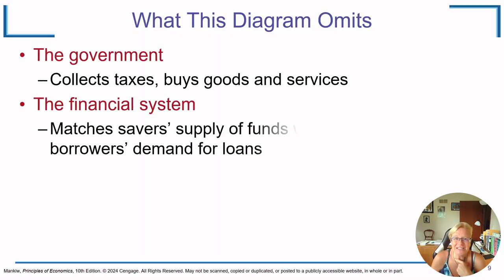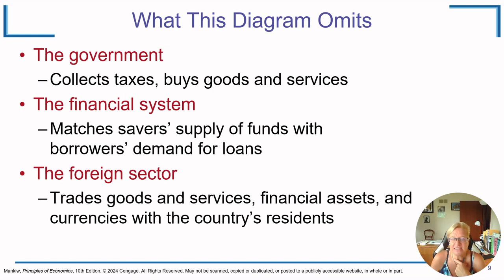And there are lots of things that the gross domestic product does not talk about. Remember, our diagram that we did in chapter 2 is just one facet of the economy. We're going to talk about the government in this circular flow diagram. We're going to add that in.